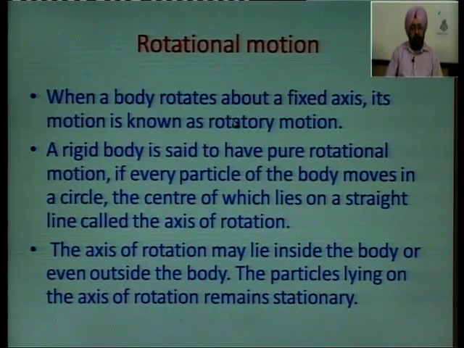Now, when a body rotates about a fixed axis, the motion is known as rotatory motion. A rigid body is said to have pure rotational motion if each and every particle of the body moves in a circle, the center of which lies on a straight line, which we call the axis of rotation.